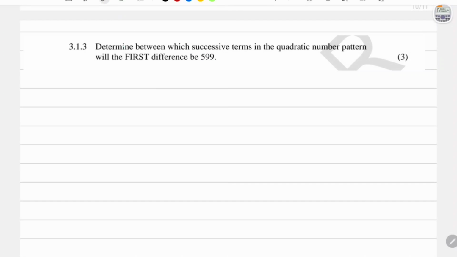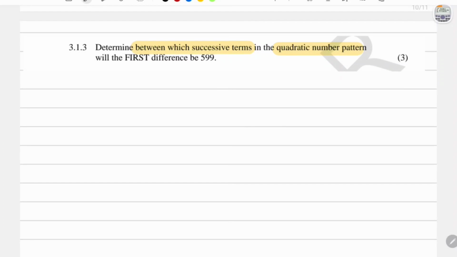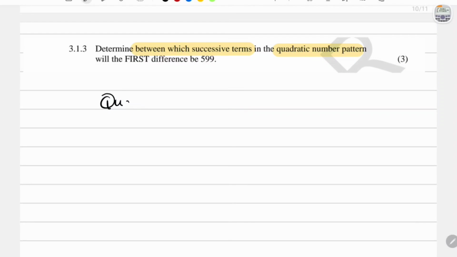Let's break that down. So determine between which, okay, so it's between two numbers, which successive terms. Successive just means that they come after each other. So between which successive terms in the quadratic number pattern. Let me just show you a picture of what's going on here. We have our quadratic pattern, right? It's terms in the quadratic pattern.